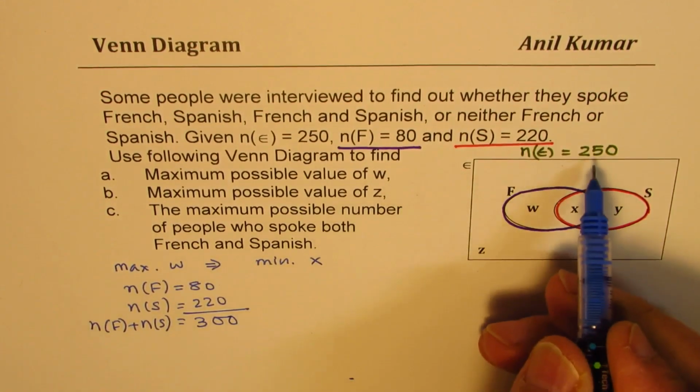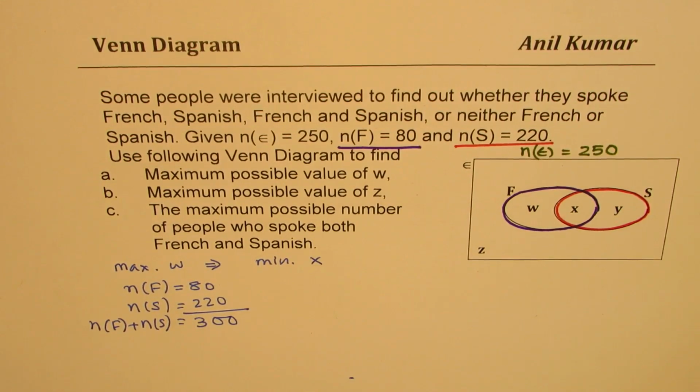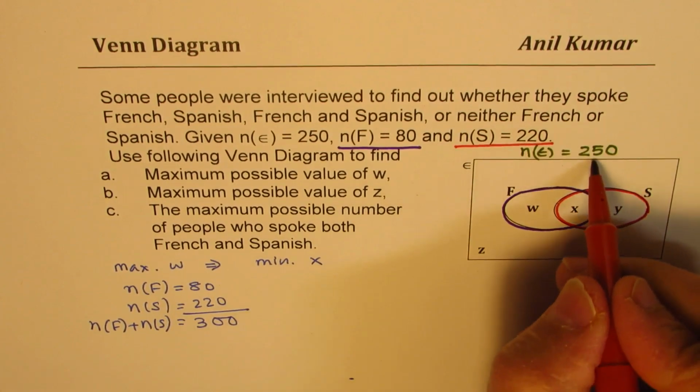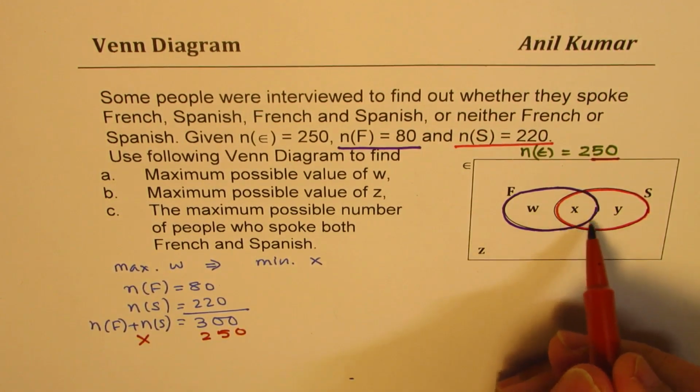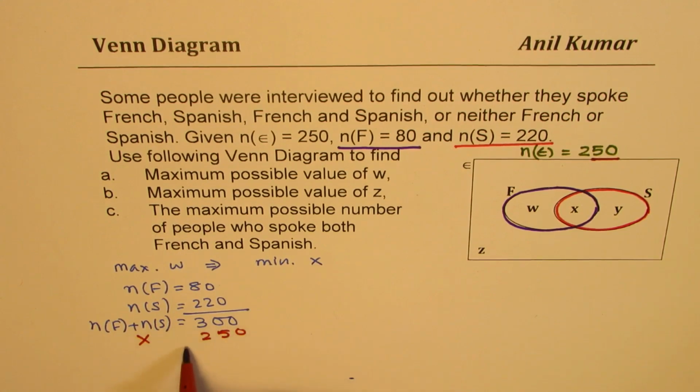Now 300 is much more than 250. So that means something is wrong. 250 is the total surveyed, so X should be overlapping. The overlap, those who speak both, should be the difference of these two. So 50 minimum.